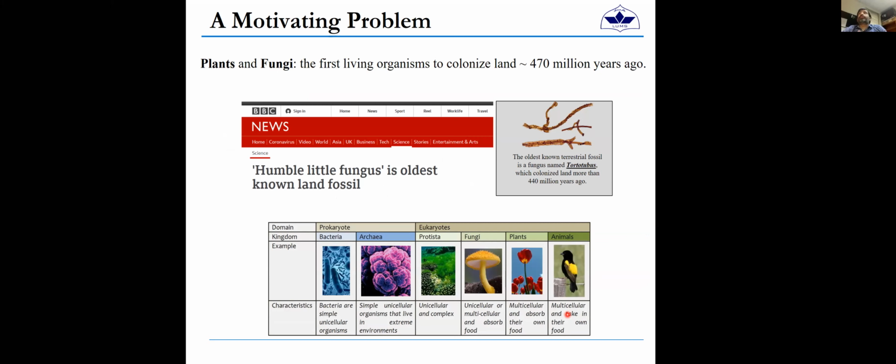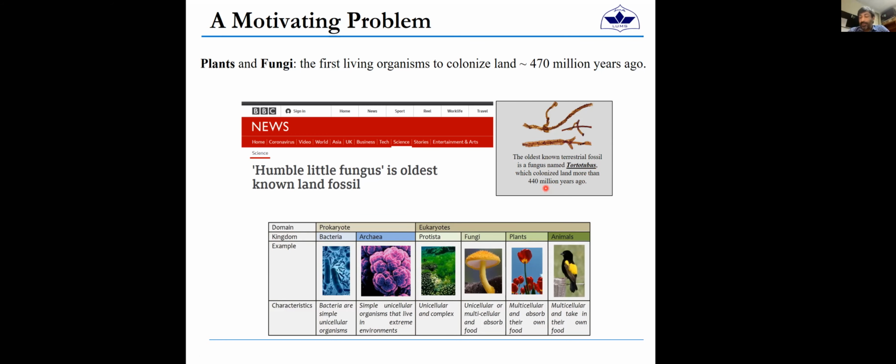I dug up a little bit of information. You can see here this little guy, a fungus called Tortotubus, which is, I think, the oldest known land fossil, discovered around 440 million years ago. Plants and fungi were the first living organisms that colonized our land.